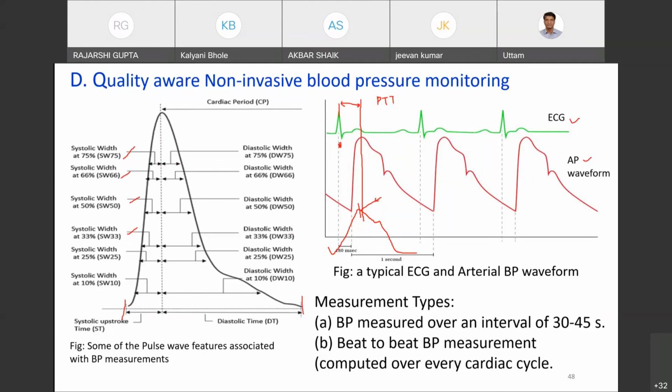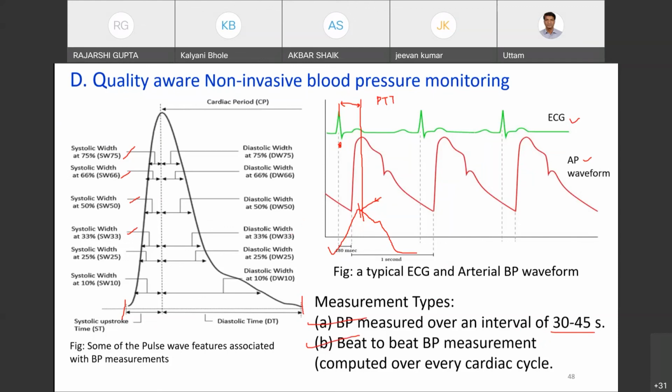Based on this, the blood pressure measurement techniques can be divided into two categories. One is simple blood pressure measurement, where we have a 30 to 45 second interval and get a single blood pressure measurement. The next one is beat to beat blood pressure measurement, where the measurement is done over each cardiac cycle.